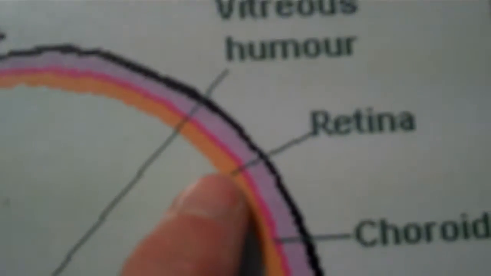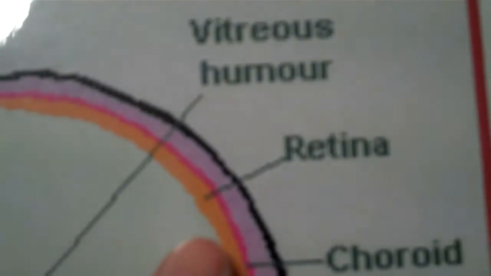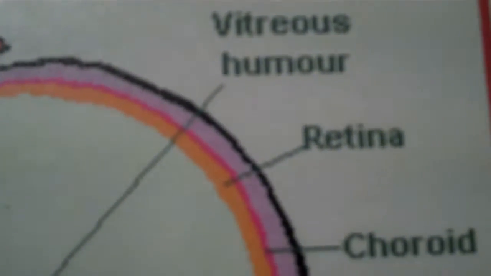So if we remove the iris, we can now see the lens, convex shape. Okay, if you have good eyesight, the lens focuses the image and it hits the back of the eye called the retina. And the retina contains cells called rods and cones that detect light. The rods detect dim light, and the cones detect color light.